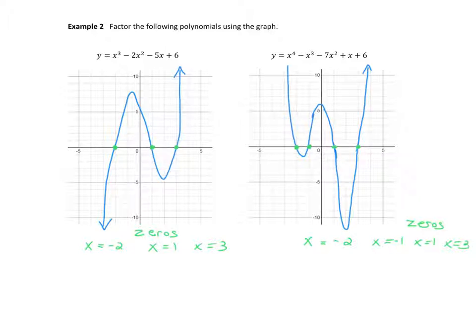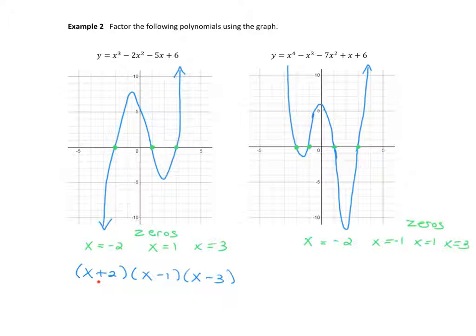By that I mean, if x equals -2 is a 0, x plus 2 is a factor. The reason being, if you put -2 in place of x, it makes the factor 0. Likewise, x minus 1 is a factor because if you put 1 into place of x, it gives you 0 back. And x minus 3 is a factor as well.